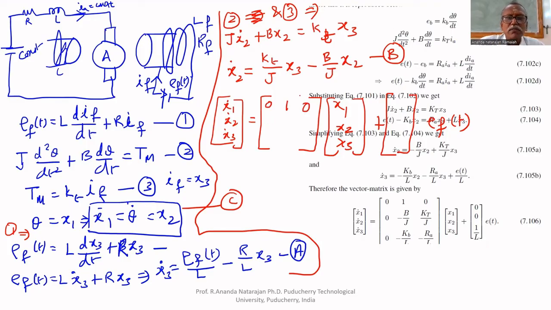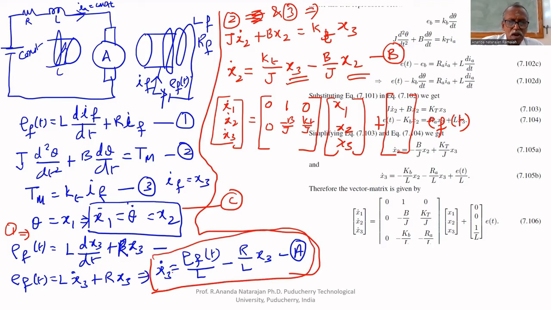X2 dot is a function of x3 and x2 only, therefore 0, minus b by J, Kt by J. X3 dot is a function of x3 alone, therefore 0, 0, minus R by L. EF of t appears only in the final equation, so 1 by L, 0, 0.